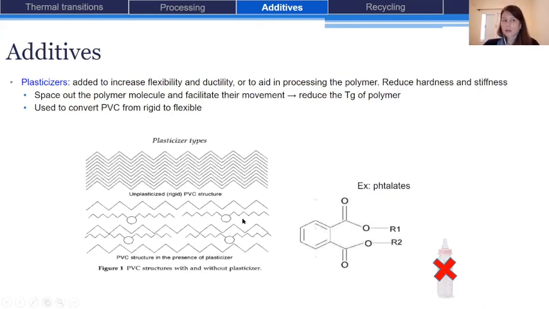Because these small molecules, since they are not attached to the molecular chains and they have a low molecular weight, can migrate between the molecular chains and can reach the surface of your polymer products.